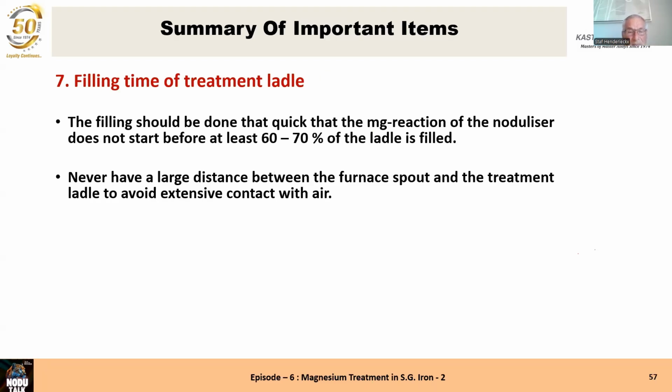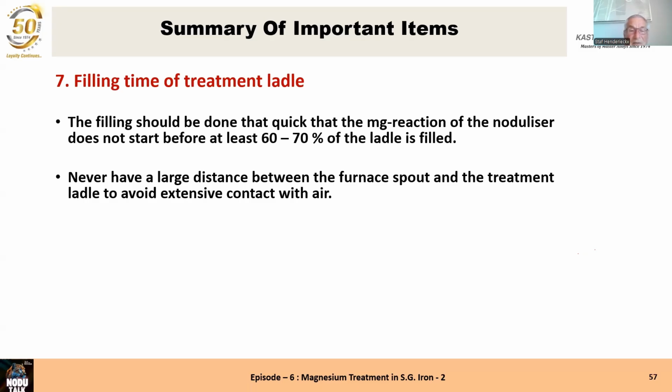The filling time should be that quick that when the reaction of the magnesium starts, the ladle should be already filled 60 to 70%. That's very, very important because then the magnesium will be in very good contact with the liquid metal.